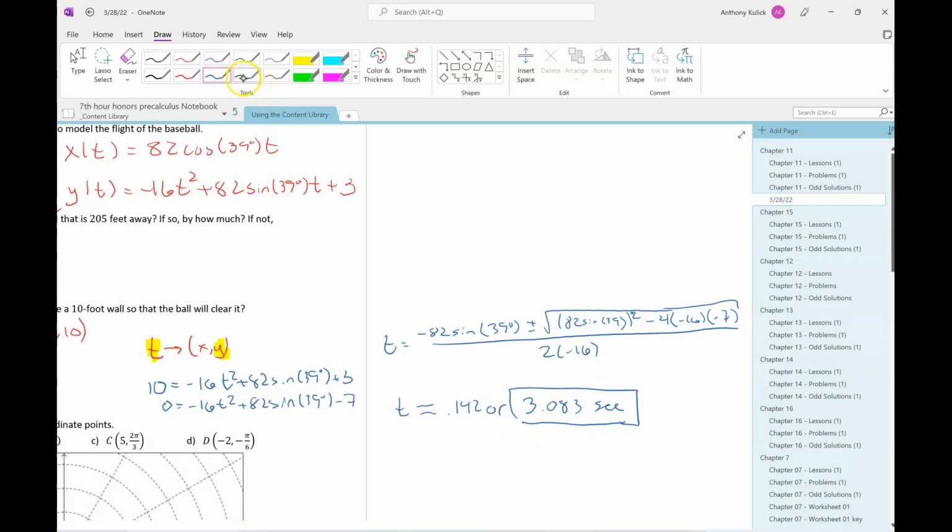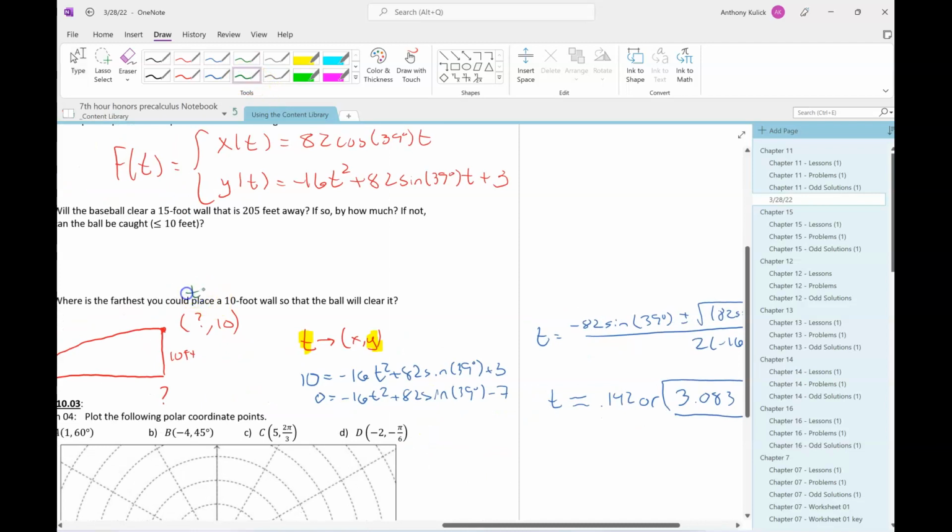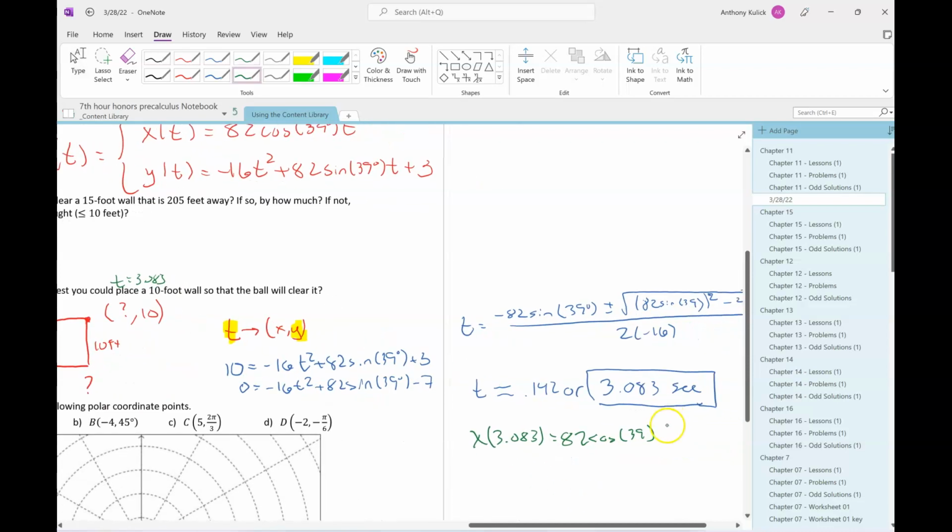So what I'm going to do then, since that's the t value that gives me this coordinate, I can take that t and plug it into my x of t equation to figure out the x coordinate at that spot. So remember again that with these parametric functions, the t is like a lurking variable. That's the input.